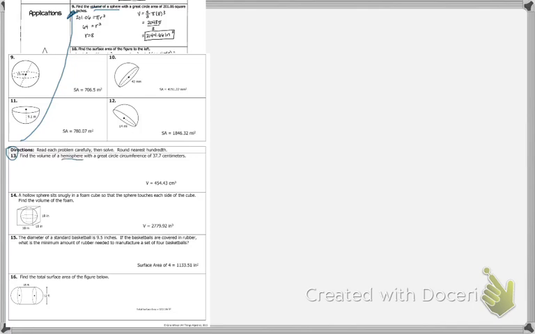So you have to know what equation you're dealing with. For number 9, you're dealing with 4/3 pi r cubed. For number 13, you're dealing with not 4/3, you're dealing with 2/3 pi r cubed. Both of these, we're going to need the radius.